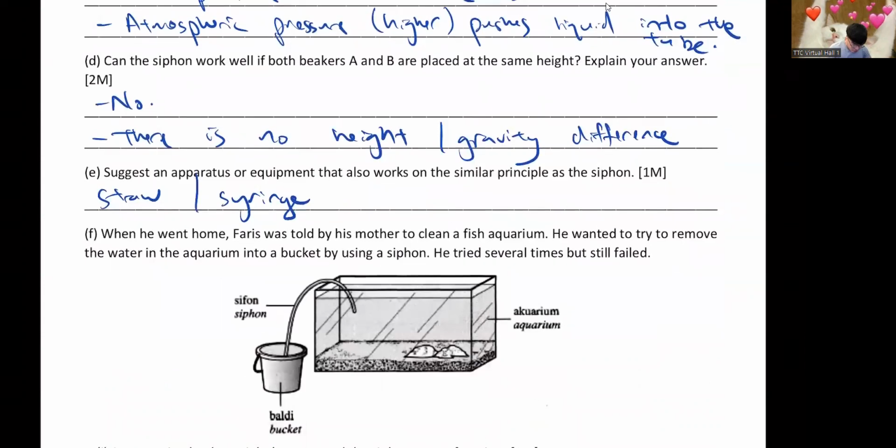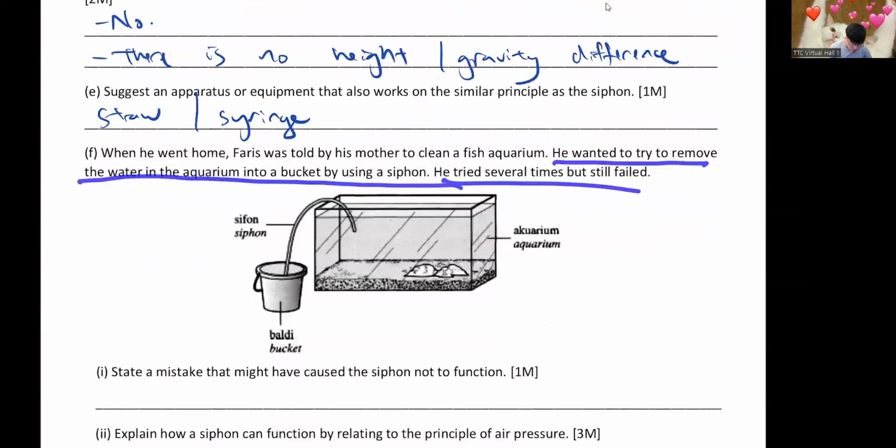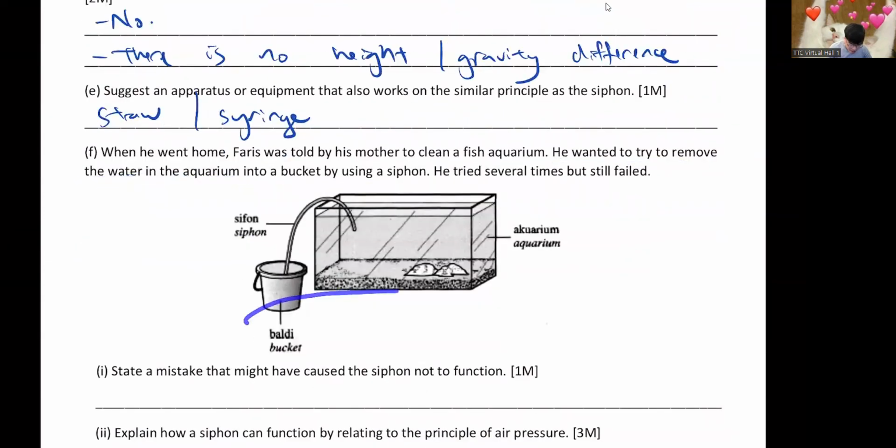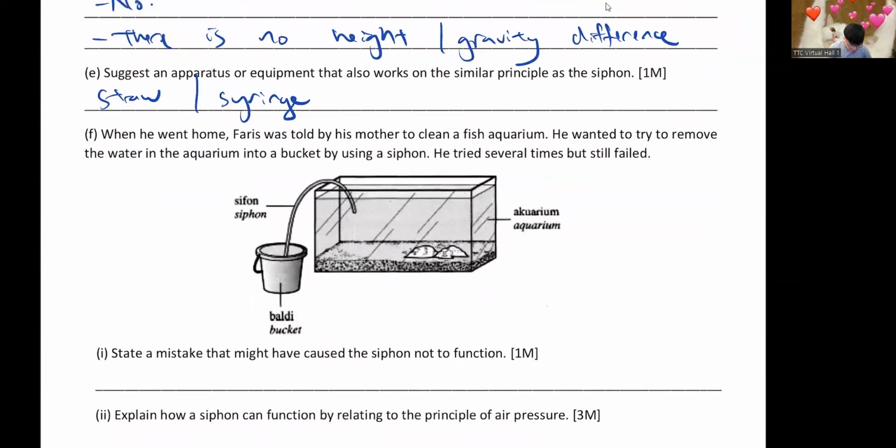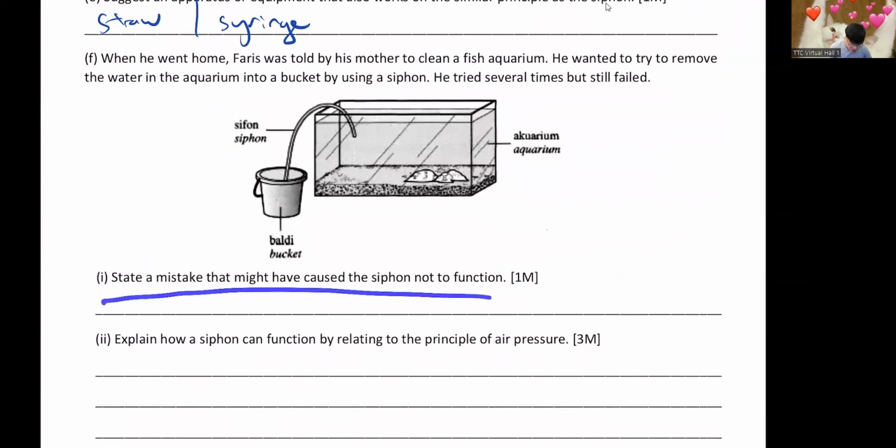So next, F, when he went home, Faris was told by his mother to clean a fish aquarium. He wanted to try to remove the water in the aquarium to a bucket using a siphon. He tried several times but still failed. As you can see, they are almost at the same height, I think. So this is why they don't work. State a mistake that might have caused the siphon not to function.